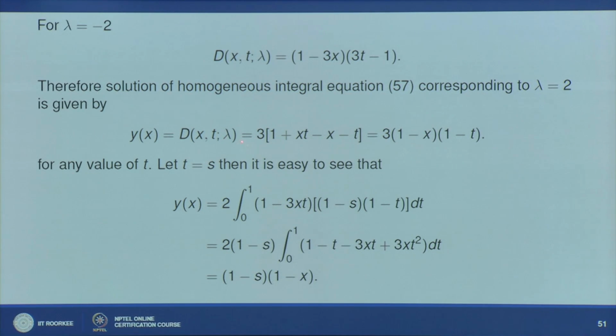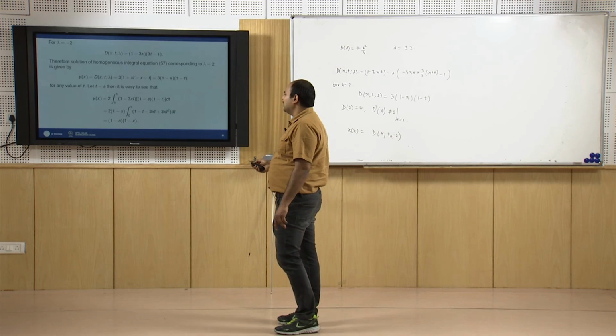Here lambda is equal to 2, and you can take any value of t. When you put lambda equal to 2, it is reduced to 3(1 minus x)(1 minus t). So our claim is that for any value of t, this expression 3(1 minus x)(1 minus t) is a solution of the homogeneous integral equation. That we can verify here.